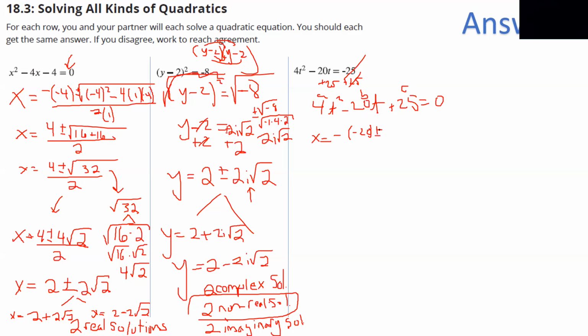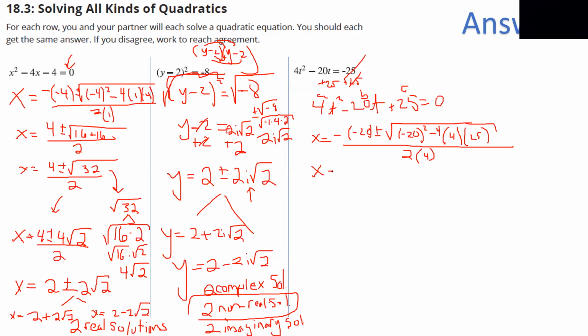Plus or minus the square root of b squared, so negative 20 squared. We're going to have really big numbers. I hope you guys have calculators. Times 4. A in this case is 4, and c in this case is 25. All over 2 times 4.